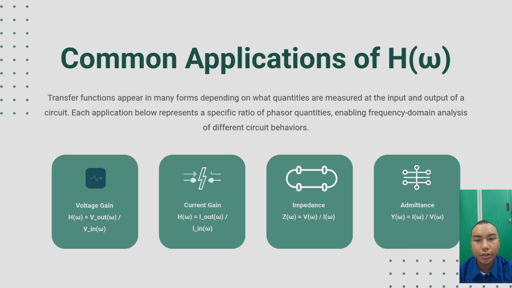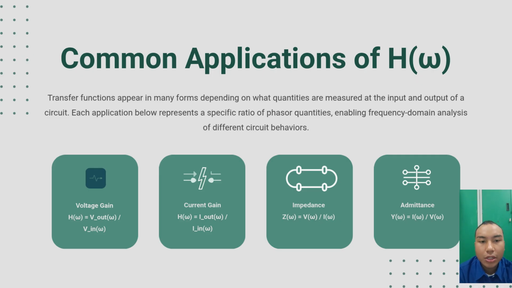Common applications of H(ω). Transfer functions appear in many forms depending on what quantities are measured at the input and output of the circuit. Each application below represents a specific ratio of phasor quantities, enabling frequency domain analysis of different circuit behavior.